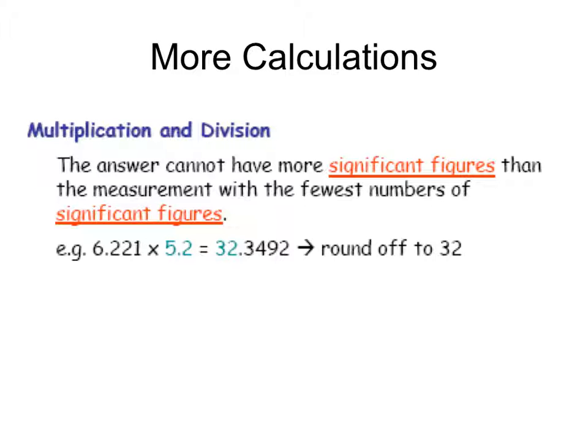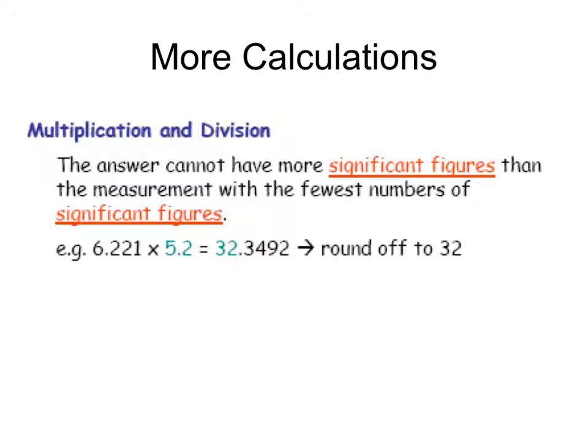Remember, those are all the digits that you know with certainty and that final estimated digit. And then if it's not something you yourself are measuring, if you're getting the measurements from the textbook or something, then you would use those sig fig rules: all non-zero numbers, sandwich zeros, and zeros that are both to the right of the decimal and to the right of a significant figure.